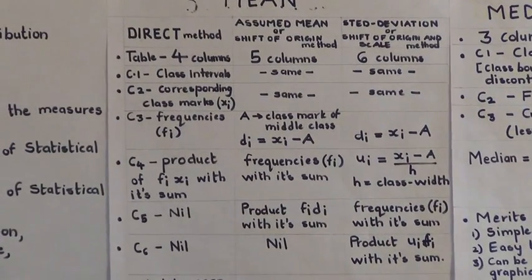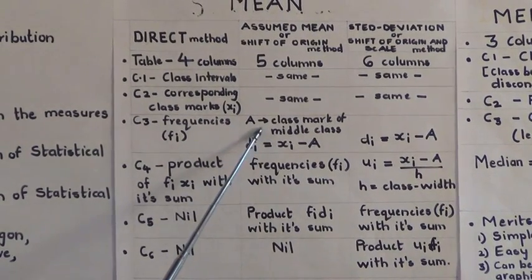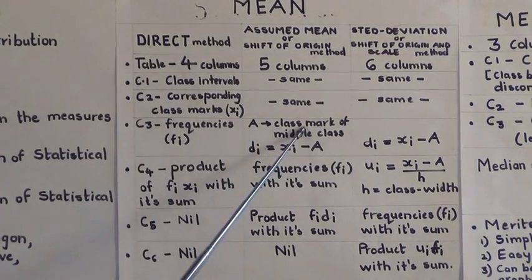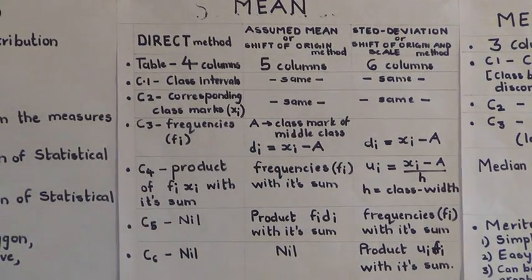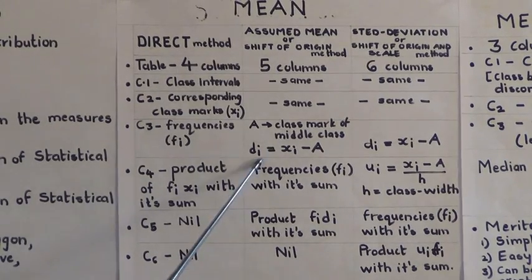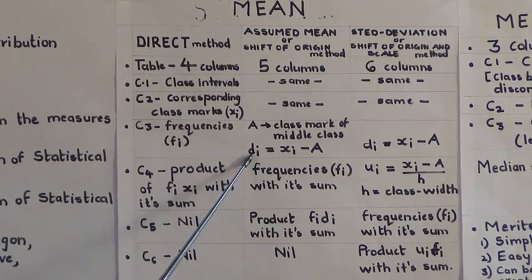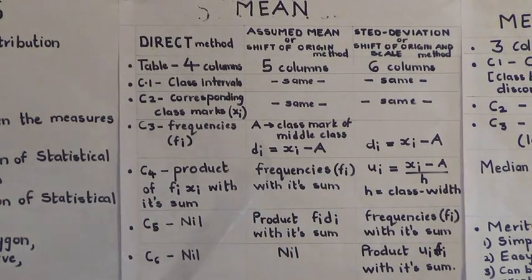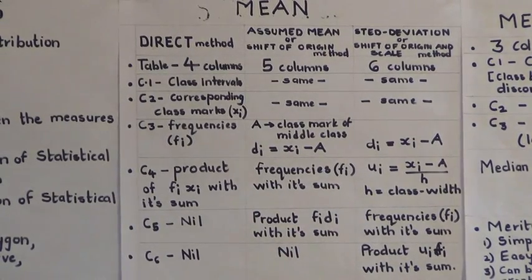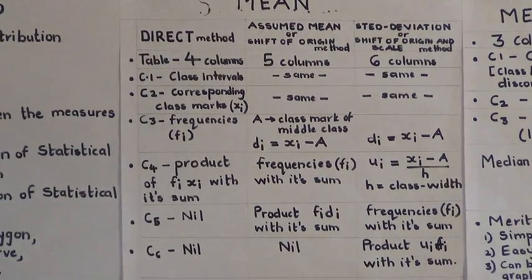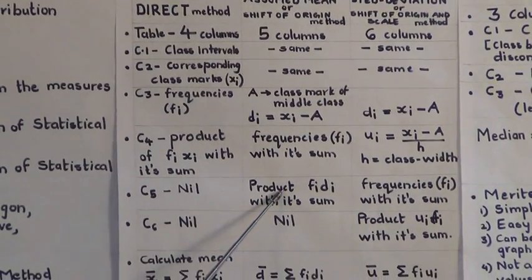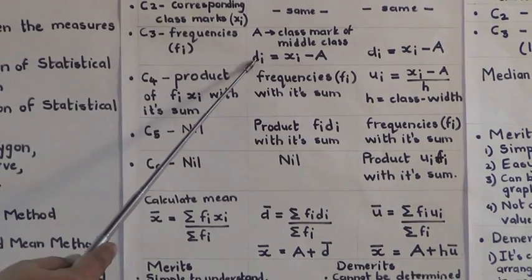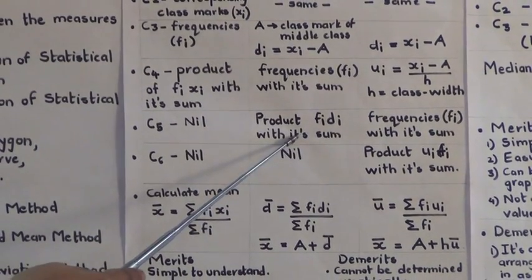A little change now in the third column: you have to find the value of A, which would be the class mark of the middle class, and then put it in the formula of deviation, that is di is equal to xi minus A. The fourth column would be the same, that is to enter the frequencies which are given in the sum. The fifth column would be the product of these frequencies along with the deviation, and finally to find the sum.